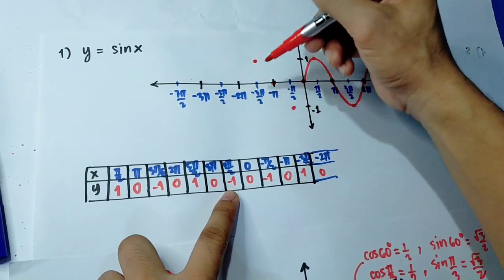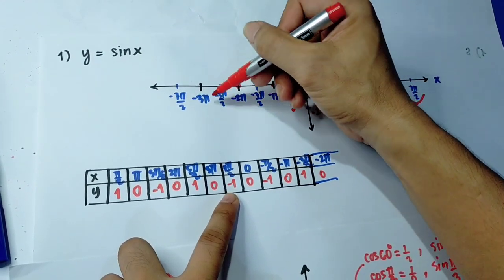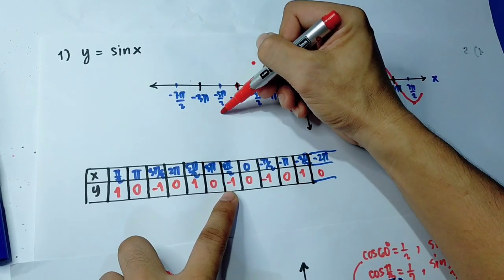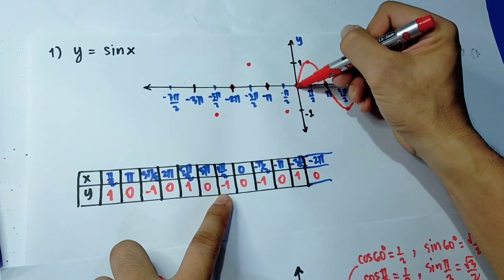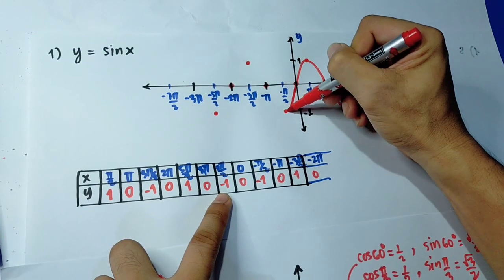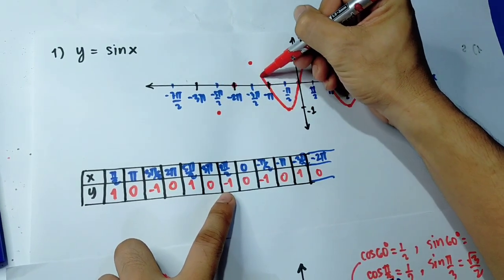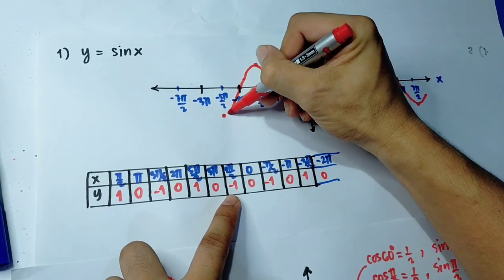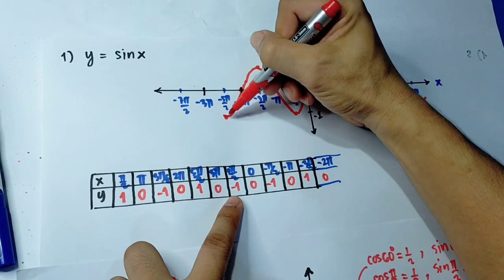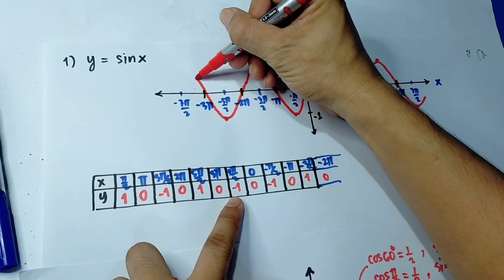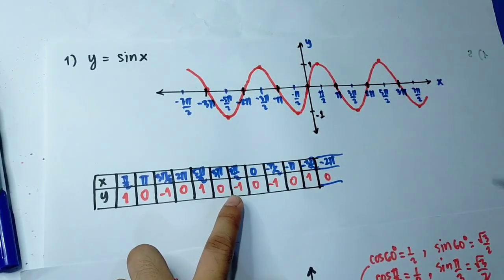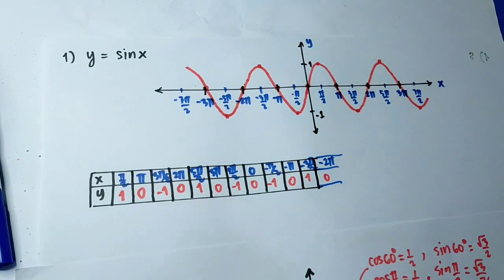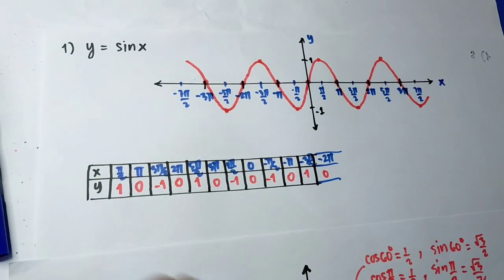And then 2 pi, back to 0. And then it continues the same pattern. It's periodic. So let's continue graphing it with a smooth curve. Okay, let's continue our sine wave. It's gonna be like that. So we have the idea already of how it looks like.